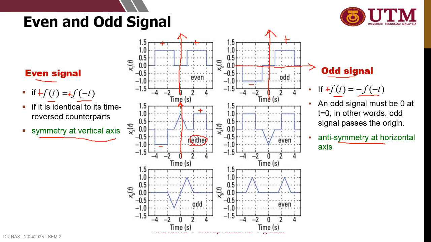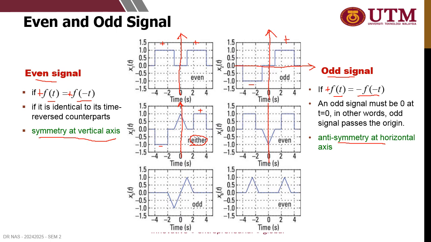So it cannot be grouped into even or odd. That's why it is neither even nor odd. And this one, when you look at the vertical axis first, you can see a mirror image. The same image appears on the left and the right hand side, so it is even.